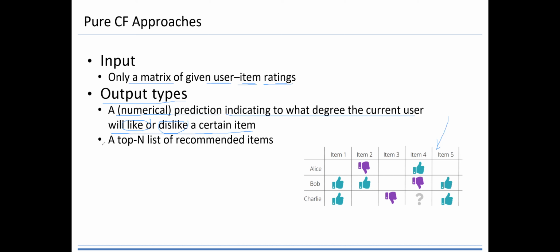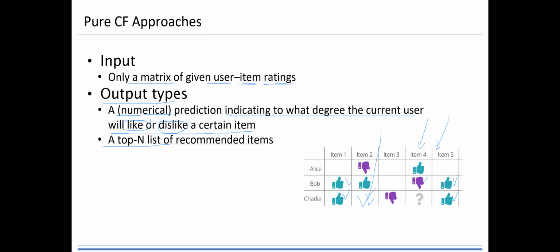If you use like and dislike, then it is only binary, 0 and 1, or -1 and 1. The other kind of output can be a top-N list of recommended items. After I know that item 4 is maybe bad, I don't want to recommend item 4. I can recommend item 2 because Bob likes item 1, Bob likes item 2, Charlie likes item 1, and Charlie likes item 5.